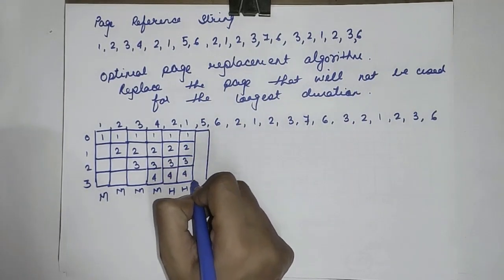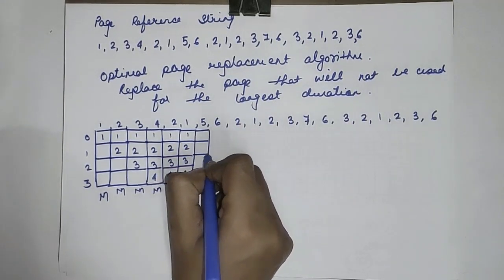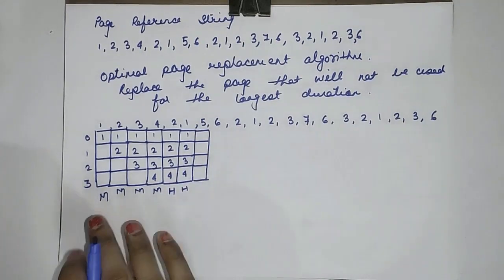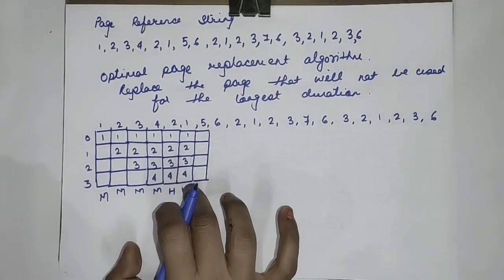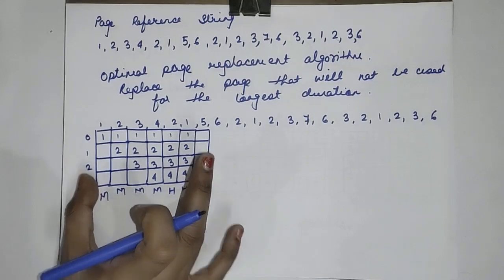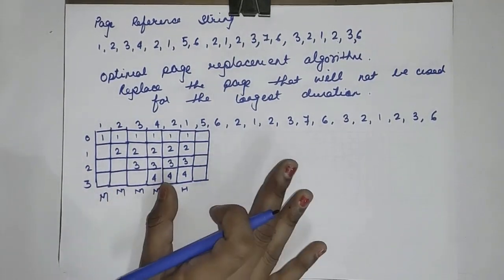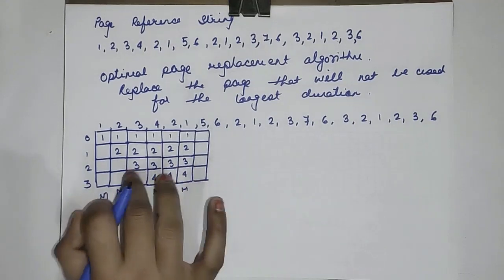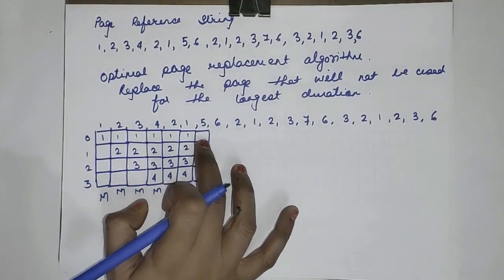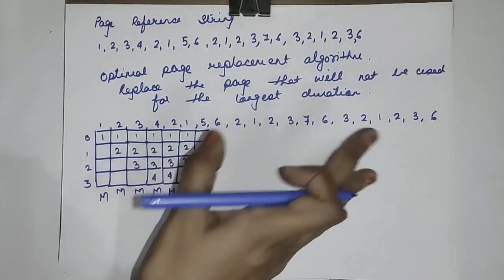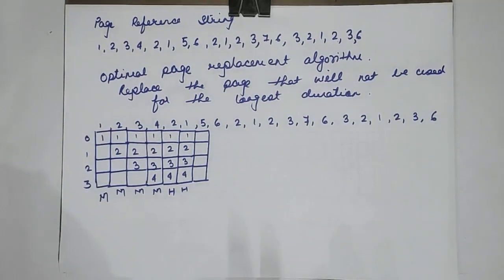Then you have a problem. You have 4 pages. Up to here, for this particular string, there is no difference in any of the page replacement algorithms. But when a new page comes which is not present in memory, all the confusion, all the problem arises.